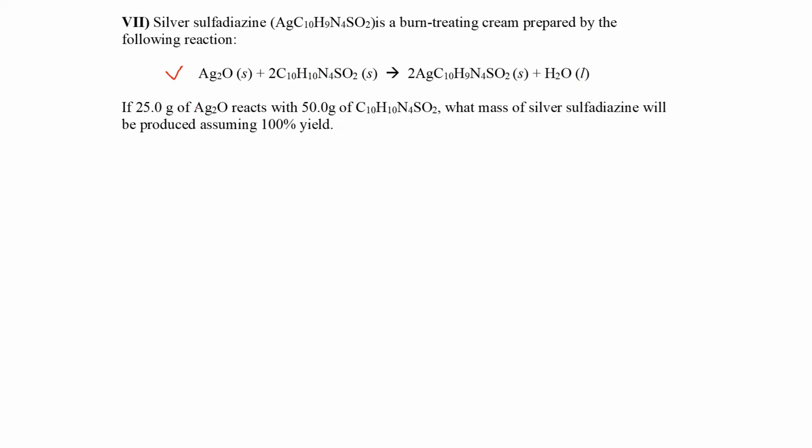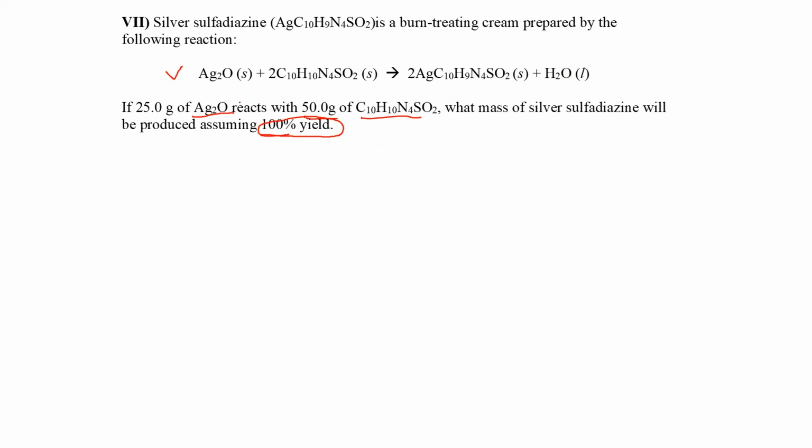So if 25 grams of silver oxide react with 50 grams of this compound, what mass of silver sulfadiazine will be produced, assuming that the yield is 100%. So whenever you see yield 100%, it means you can directly use the balanced reaction to do your calculation, and you don't need to correct with the yield.